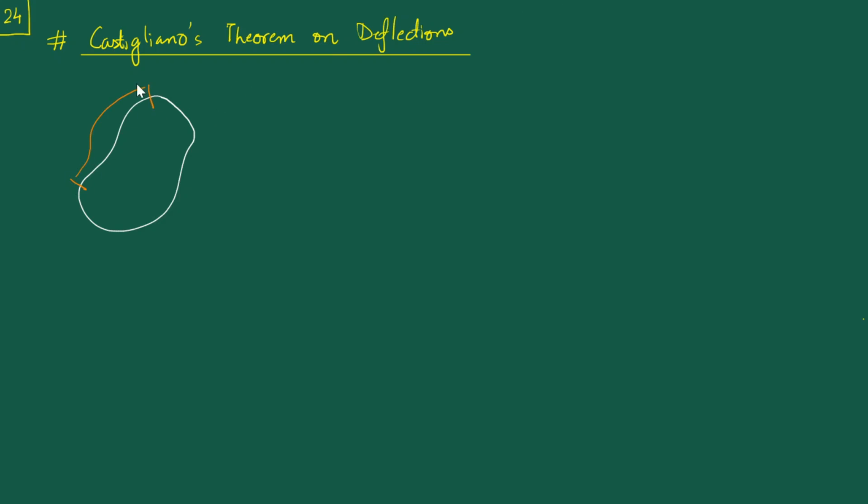Over this entire surface, the tractions are specified, and over the rest of it, let's say with this blue color, which is S2, it is the displacements which are specified.